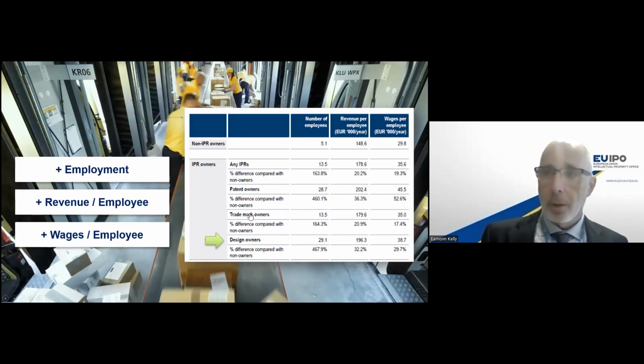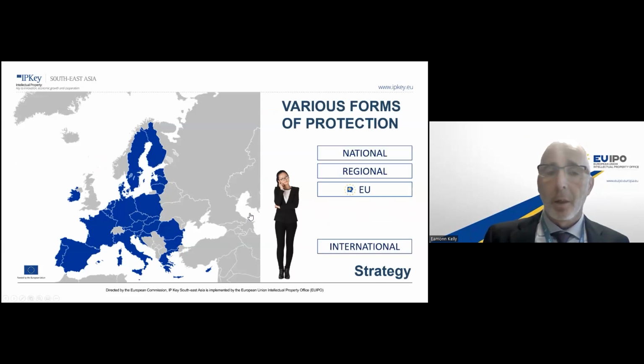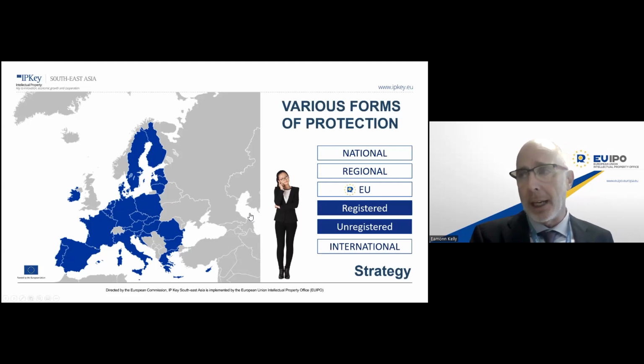Now, let me remind you there are several ways to file designs within the EU. We have the national offices, we have regional offices, the Benelux, we have the EU itself, the EUIPO ourselves, or you have the international route via the EUIPO. In the case of the EU, we have 2 forms of design protection.